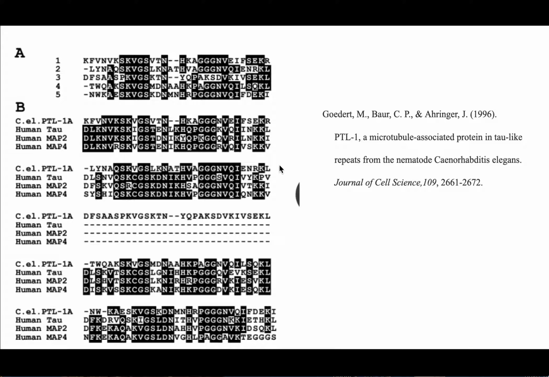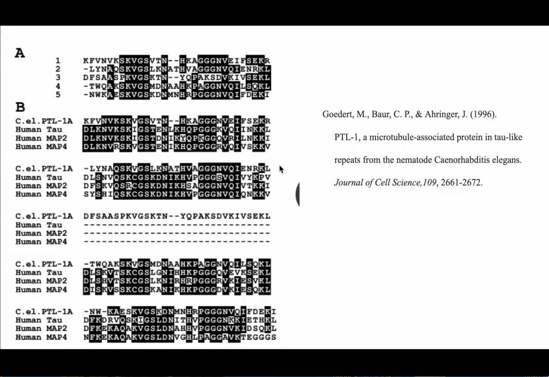In this article, they were focused on C. elegans and showing the homologies through this tau-like protein. I found this really interesting because if you can move to C. elegans, then you're dealing with something that has many generations in a quick amount of time.